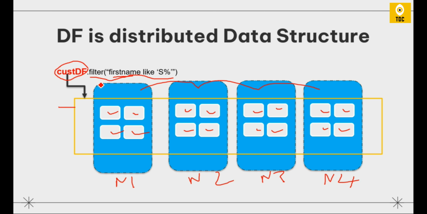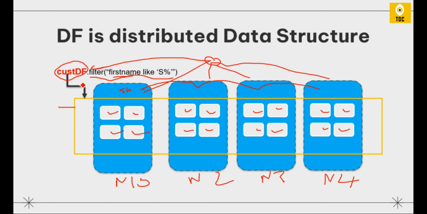If there are 10,000 rows, you have 5,000 rows here, and similarly 5,000 here and 5,000 here. Everything is searched in parallel, the result is accumulated by the cluster manager and returned to the user. The output will be whoever has a first name starting with S, received here and displayed to the user.